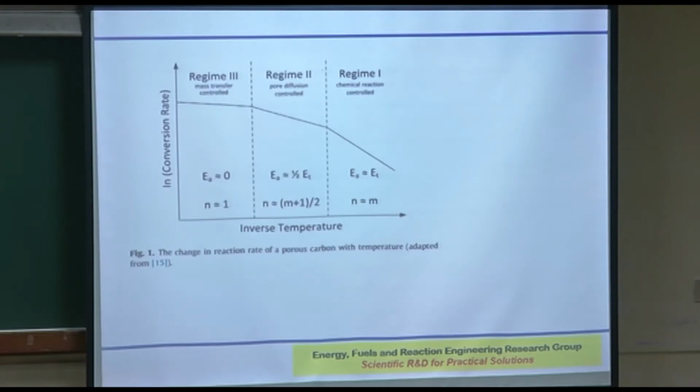Okay, so keep this in mind, that if you plot from your experiments conversion rate versus the inverse of temperature, you will see 3 distinct regions, if you are lucky, from which you will immediately know the temperature below which you are in the chemical reaction controlled regime, and above which temperature you are in the mass transfer control regime.